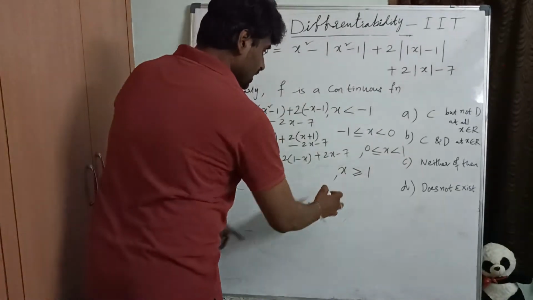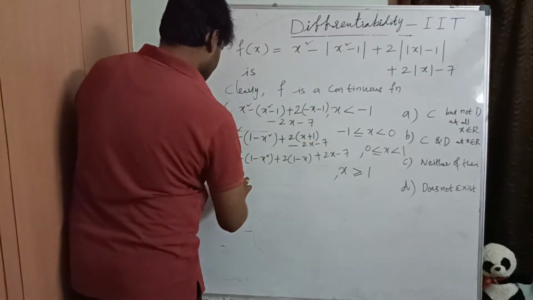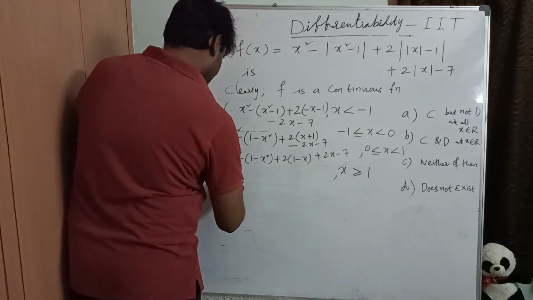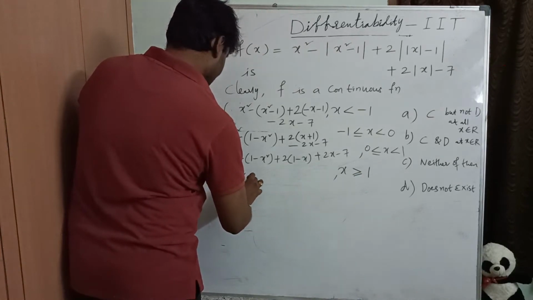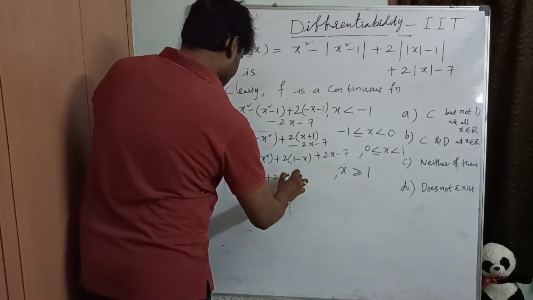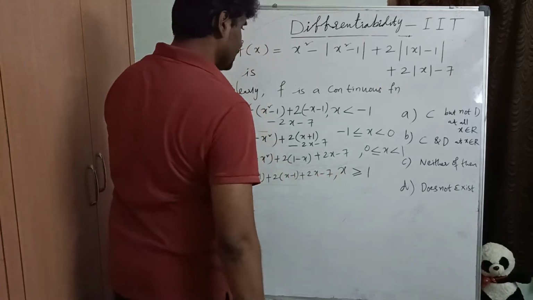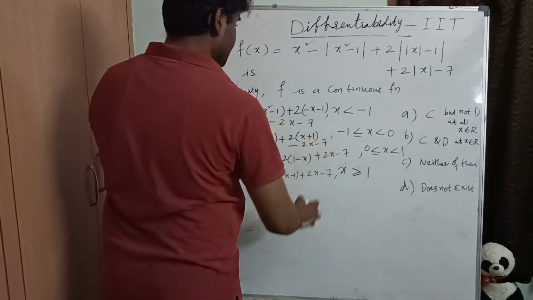Now x greater than or equal to 1, positive only, so I can write as it is: x square minus of x square minus 1 plus 2 into x minus 1 plus 2x minus 7. Clear? So at these intervals we wrote.